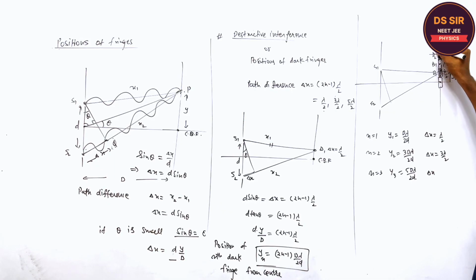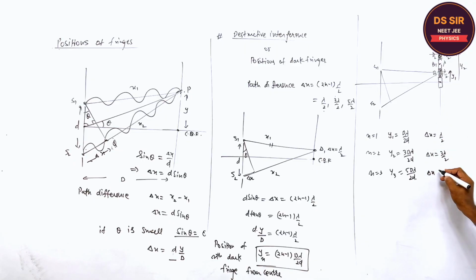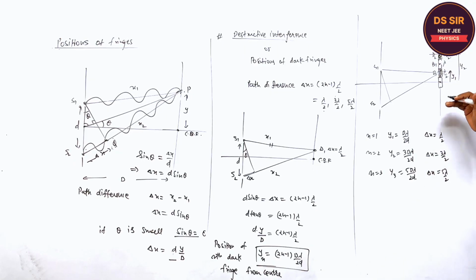It is B2, and here it becomes 2 lambda. Here it becomes 5 lambda by 2. I think you are understanding each and everything. As we are moving away from the central bright fringe, the path difference continuously changes. It becomes 0, lambda by 2, lambda, 3 lambda by 2, 2 lambda, 5 lambda by 2.